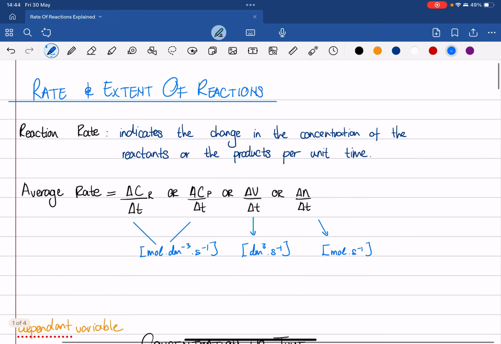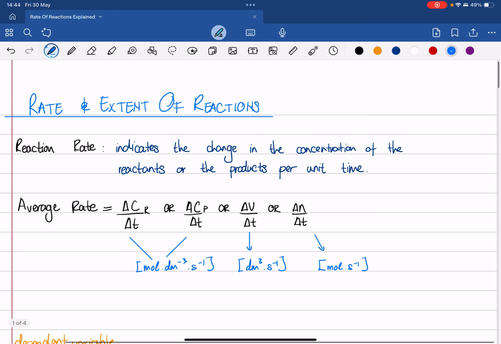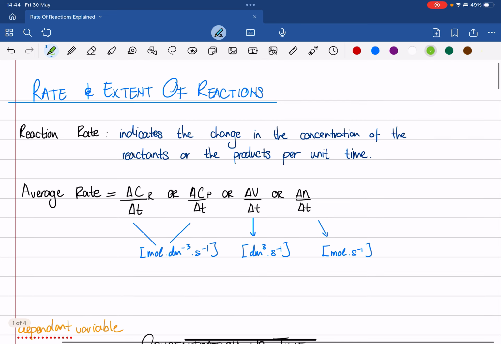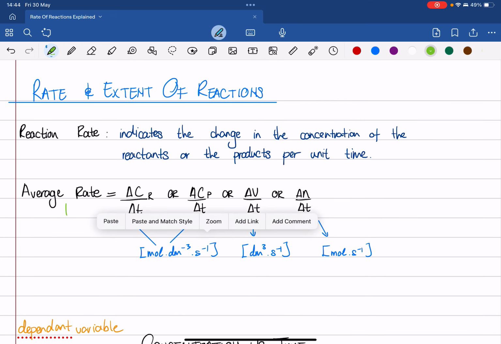Wonderful. Another important thing that you need to know is that sometimes the average rate is referred to as the gradient, or the slope. All right, and that's going to be important.